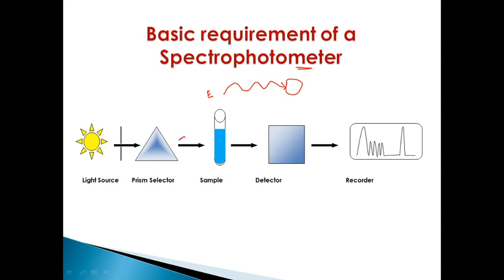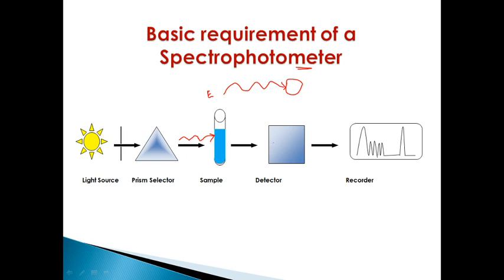After converting the polychromatic radiation into monochromatic radiation, it passes on to the sample. When interaction takes place between the monochromatic radiation and the sample, some changes happen in the sample.